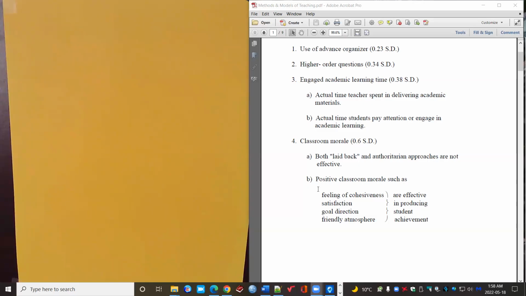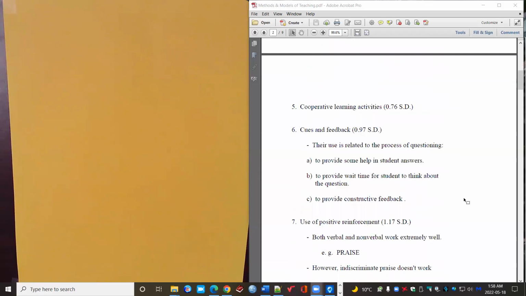And all of these cut across specific techniques as a general factor producing student achievement. So you see here, classroom morale is so important, right? So it is a good idea, therefore, to pay attention to this aspect in the classroom situation.